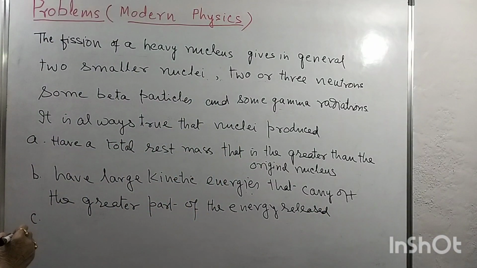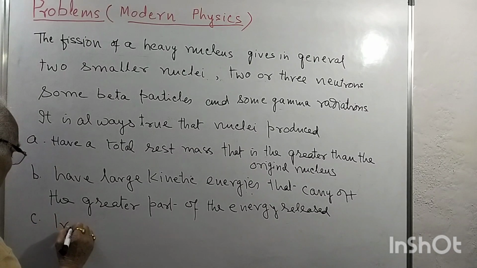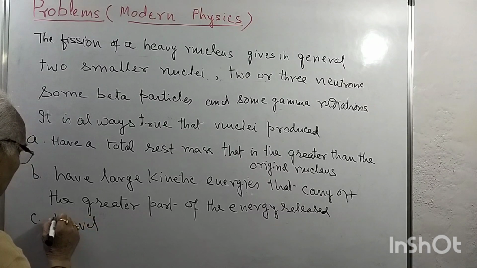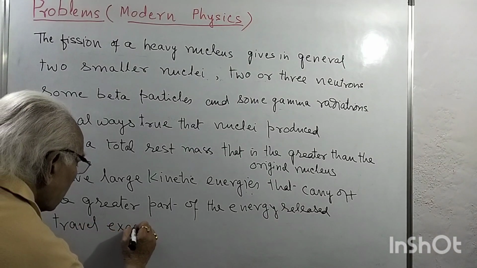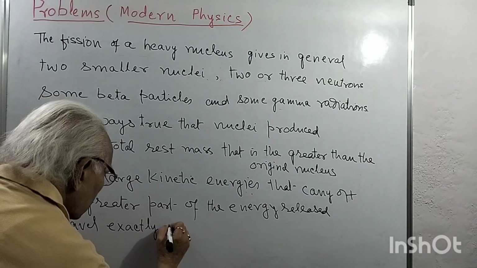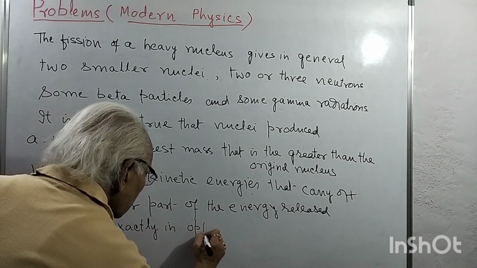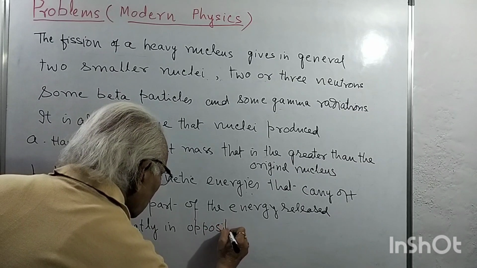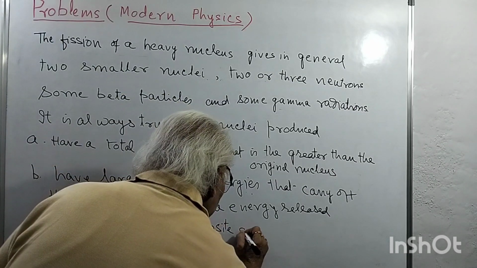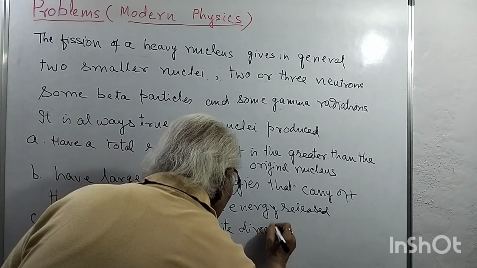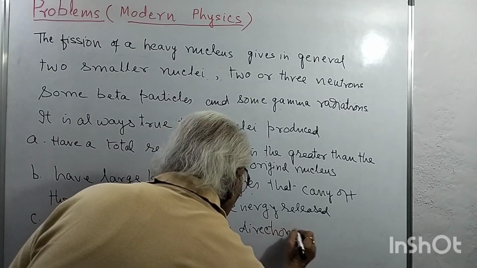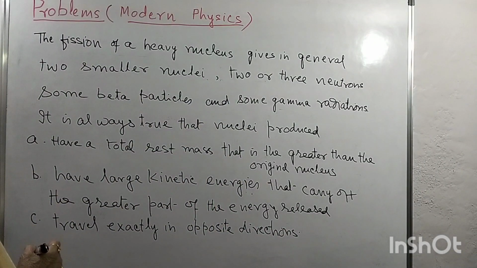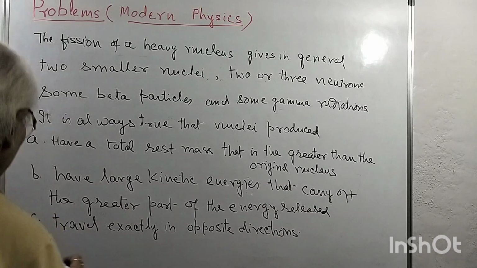C, travel in exactly opposite directions. D, have neutron to proton ratio that are too low for stability.